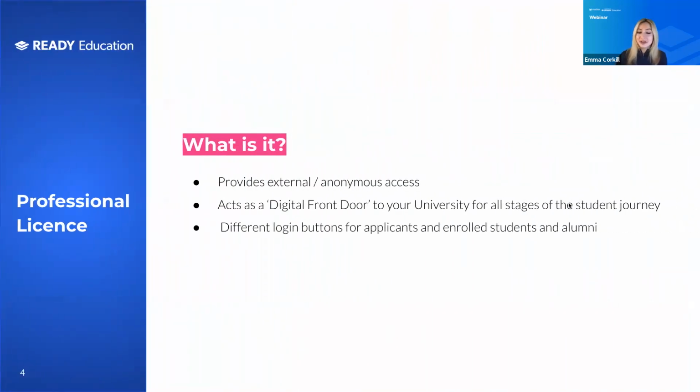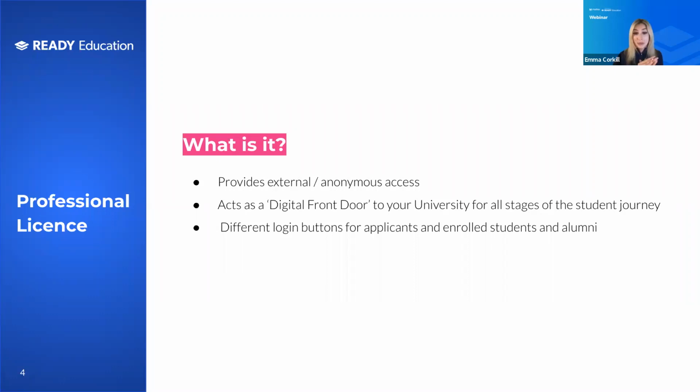Okay, so the professional licence is the highest tier myday licence that you can have. It is an extra cost, and the main benefit of this licence is that it provides anonymous access to your myday platform. So essentially, anyone that isn't a full-time enrolled student can access your myday platform.